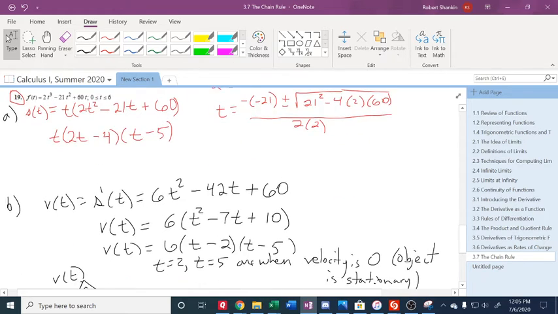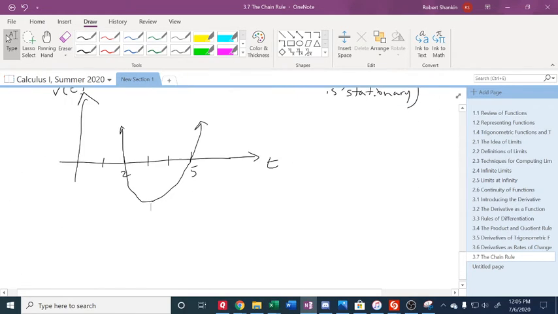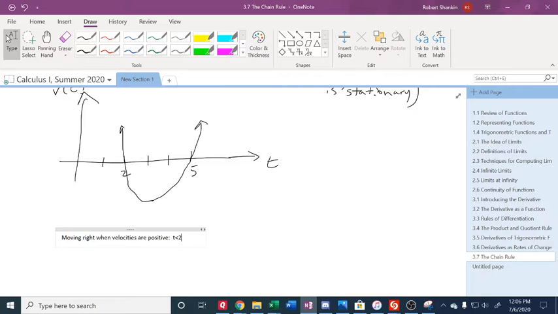It's moving to the right when the velocities are positive, which occurs when we're above the x-axis for the velocity, which is when t is less than 2 and when t is greater than 5.